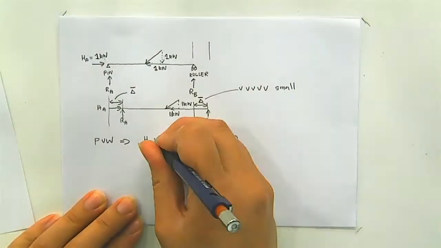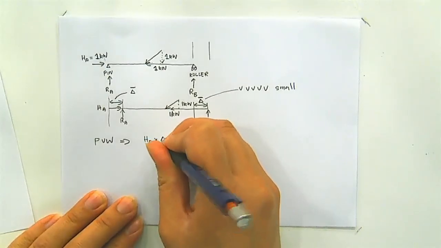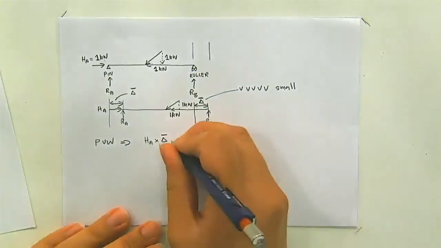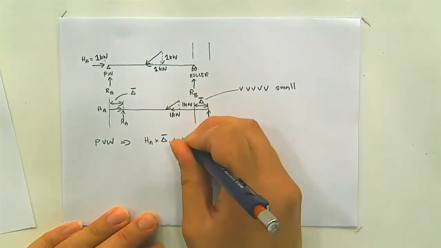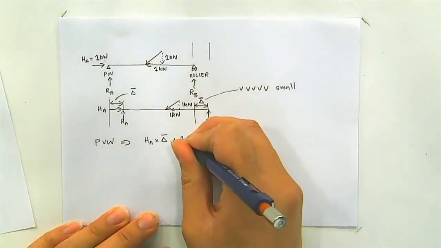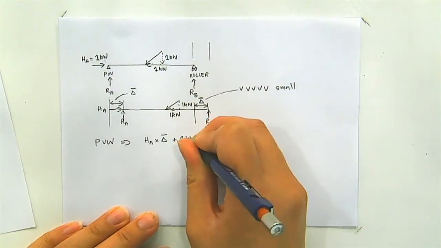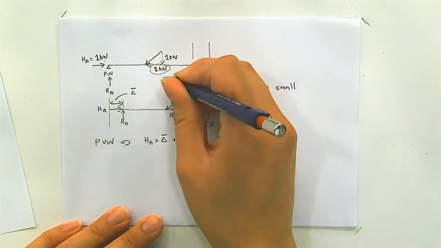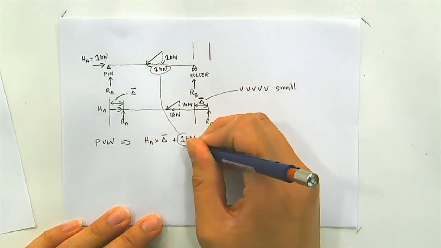So the work done by HA is HA times delta bar. Onto that I add how much work my 1 kilonewton has done, that 1 kilonewton there.